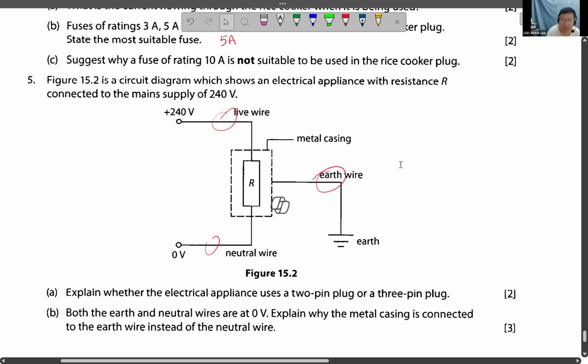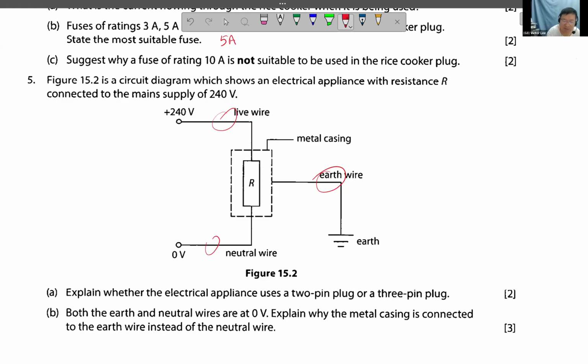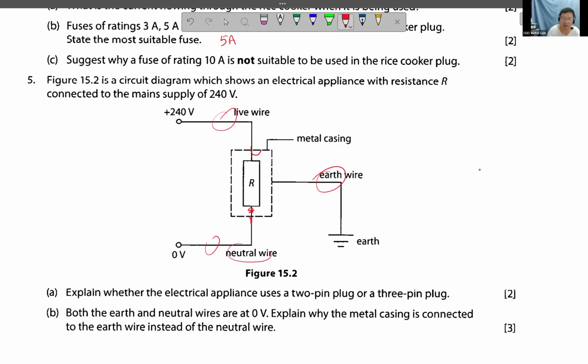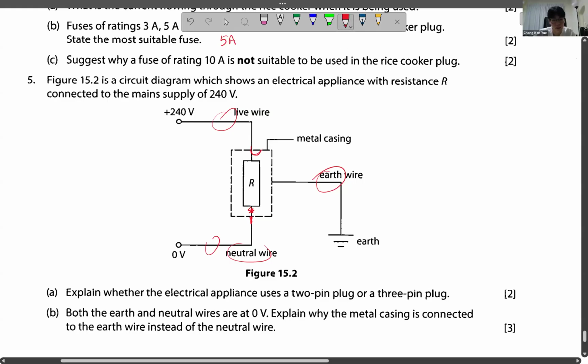Okay, let's look at this. Imagine the live wire touches the casing only. What happened? Imagine my neutral wire connects to the casing, and this one also touches the casing. Look at my current flow. The current flows through the metal case like that.